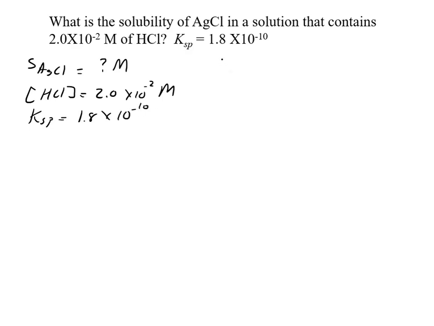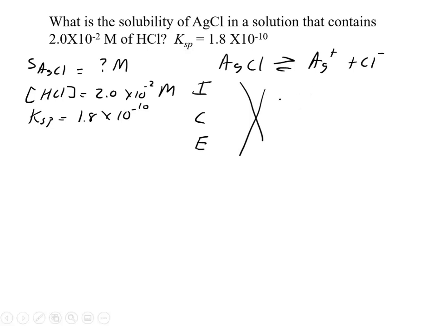So my equation is going to be AgCl goes to form Ag plus and Cl minus. Do my ICE table because again I have the KSP and not the solubility.